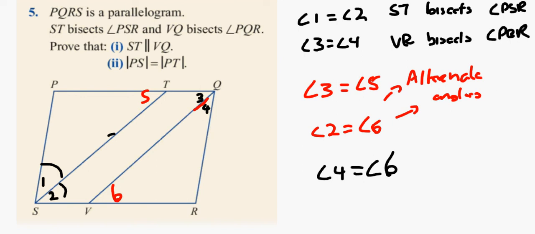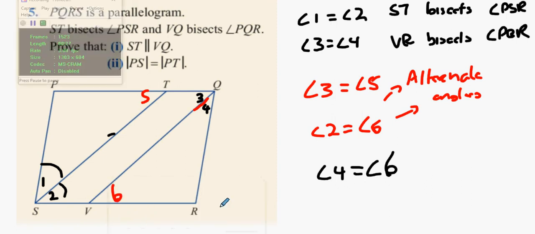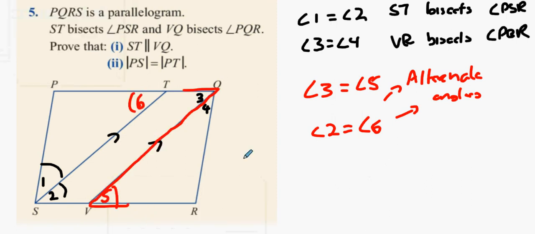Sorry guys, just going to pause it here for a second. Sorry guys, just rewind it back for a second. I got my 5 and 6 mixed up. It's angle 3 equals angle 5 for an alternate angle, and angle 2 equals angle 6, okay? Now we're going for RQV. RQV is angle 4, and we're saying that equals RVQ, which is angle 5.